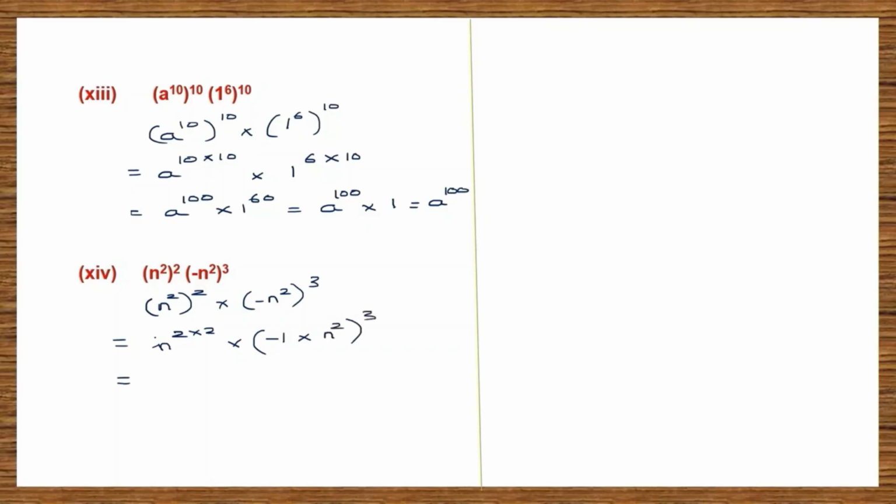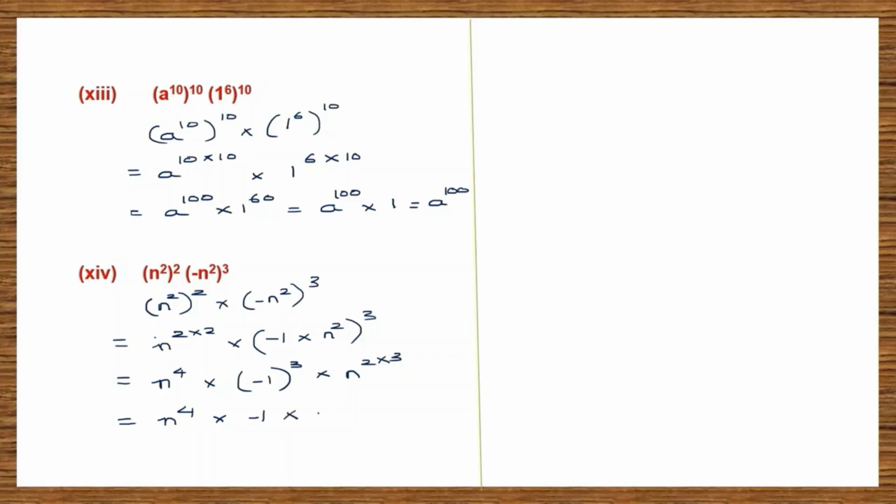So this will be n to the power of 4 into minus 1 raised to the power of 3 into n raised to the power of 2 into 3. So this is n to the power of 4 into, now minus 1, when it is raised to a power which is an odd number, it becomes minus 1 itself.